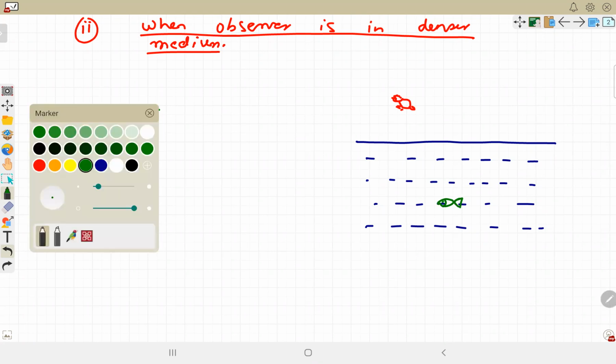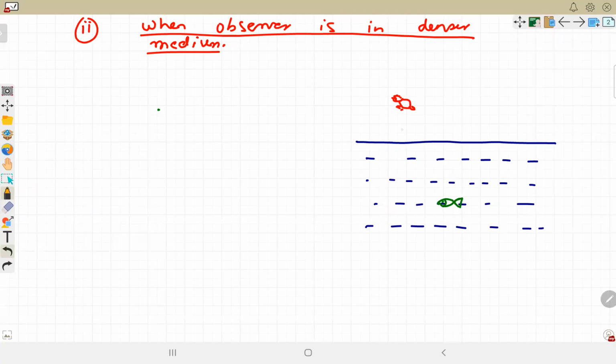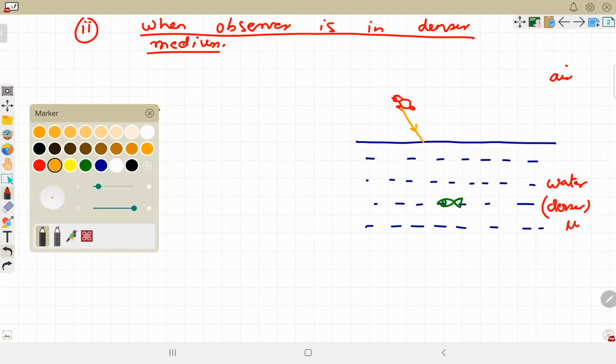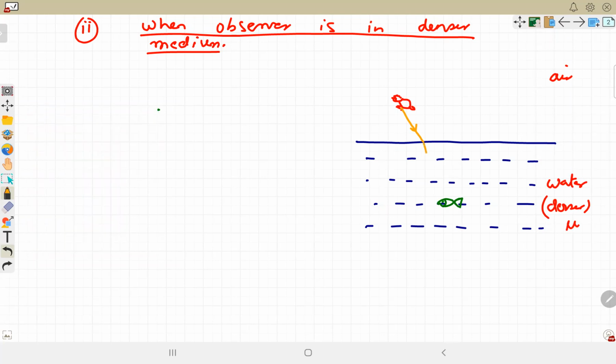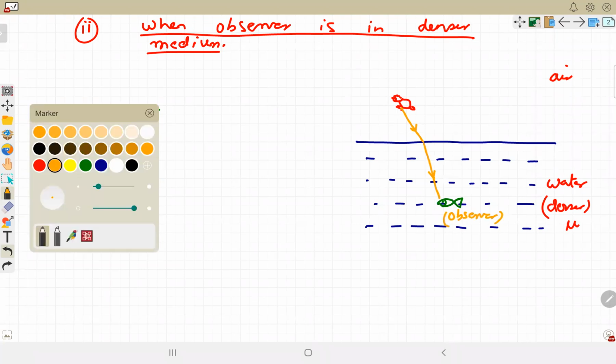Light should always start from the object, so it should start from the bird. Now light is going from the rarer to the denser medium, because it is air, and water is the denser medium with refractive index mu. As a result, the light ray will be slightly bent. Fish is the observer, so where does the light ray reaching the fish seem to come from?